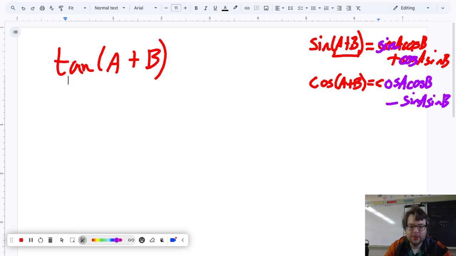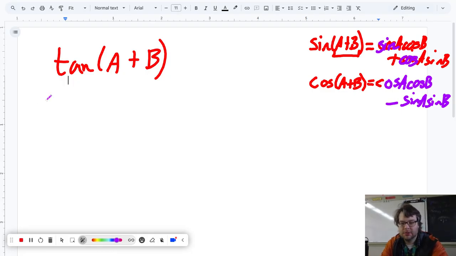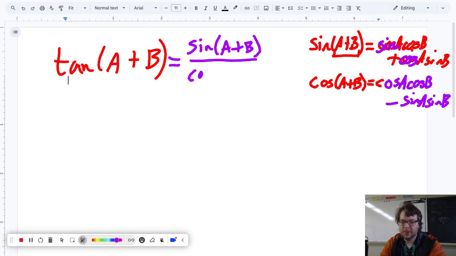So what I'm going to try to do is derive a formula for tangent of A plus B in terms of tan A and tan B. First, because tangent is sine over cosine, tan(A + B) is sine(A + B) over cosine(A + B).